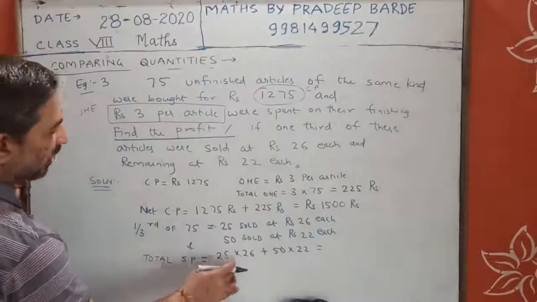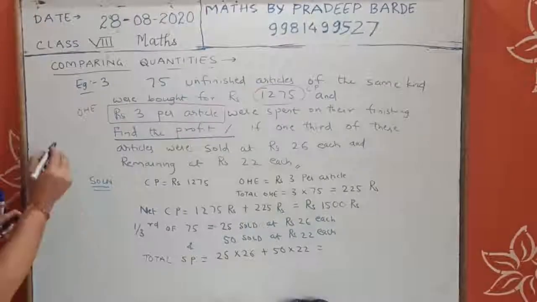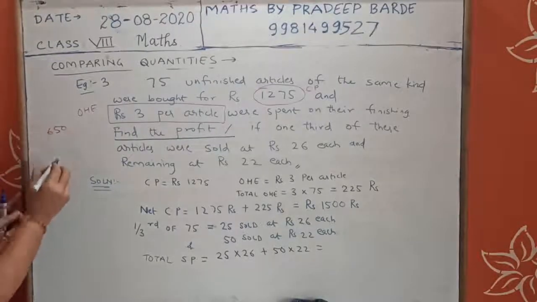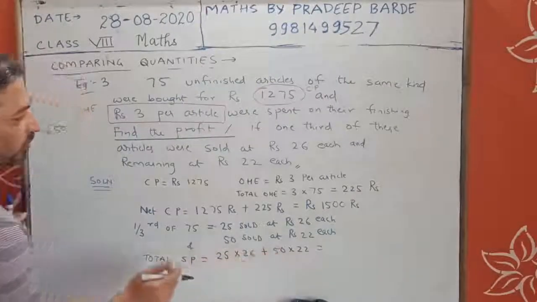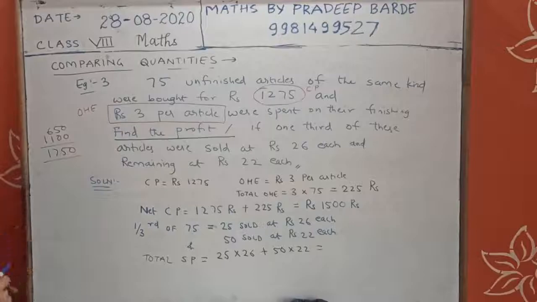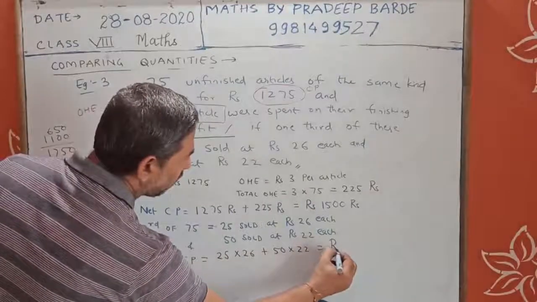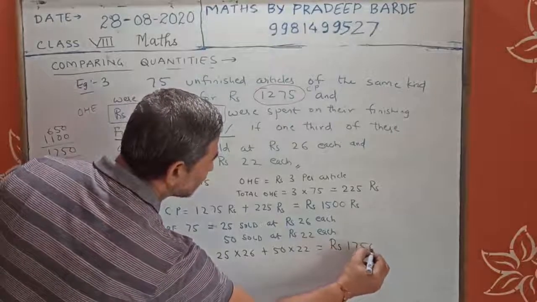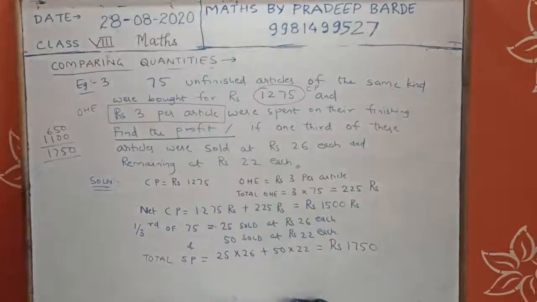So 25 into 26, this is 650. 22 into 50, it is 1100. So the total is 1750. This is rupees 1750. This is the total selling price.